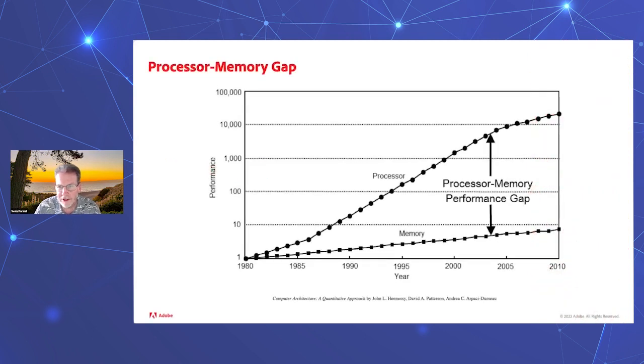This is a graph from Hennessy and Patterson's computer architecture book. I wasn't able to find an updated version of this graph. You can see it stops in 2010, so it's about 12 years behind.